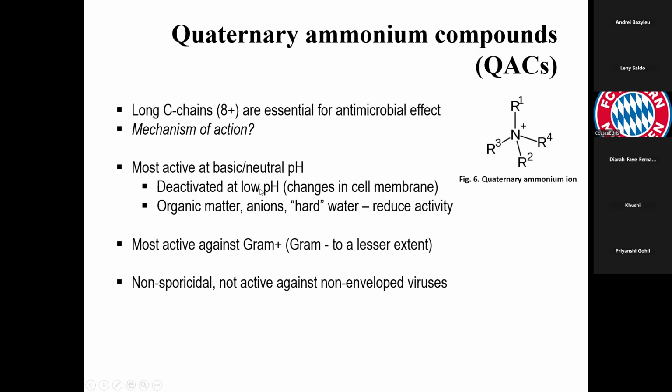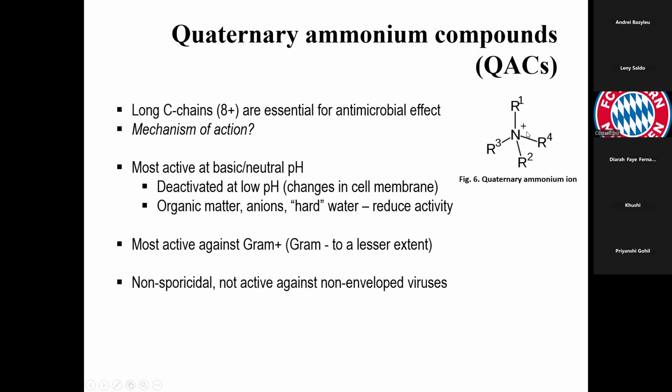At low pH, what happens is you have a lot of hydrogen atoms in the solution, and those hydrogen atoms are also positively charged, H plus. And what's going to happen is those H plus ions in your solution will block the docking sites, the attachment sites for the positively charged nitrogen on the cell membrane.